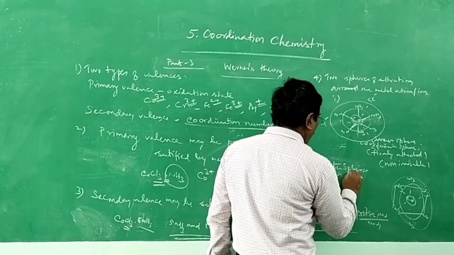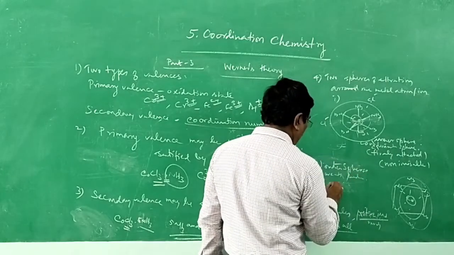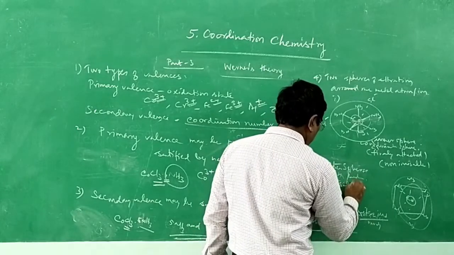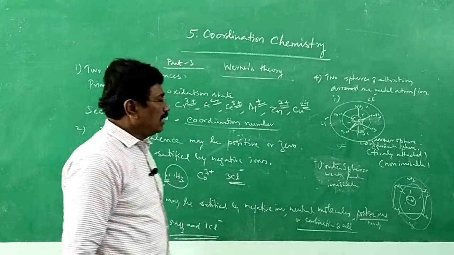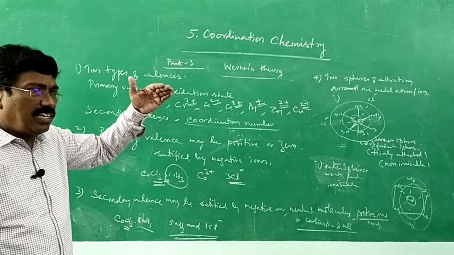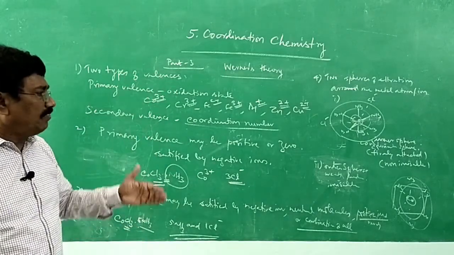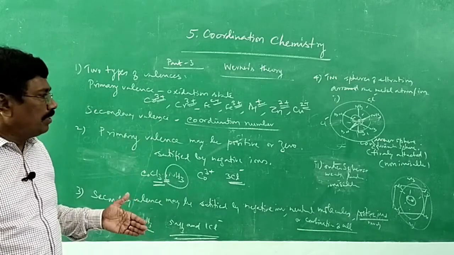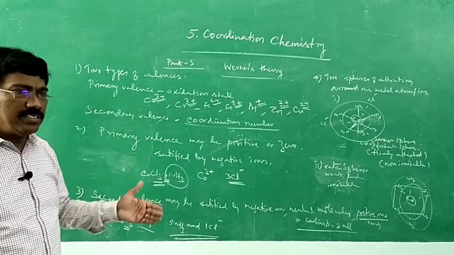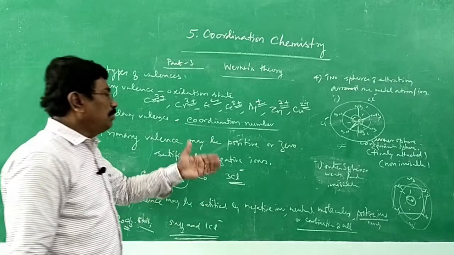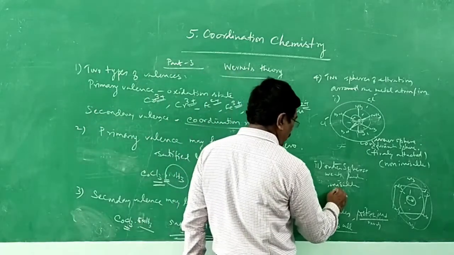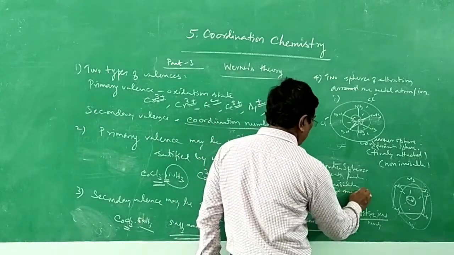Weakly bonded, ionizable. Alright? Those in the outer sphere are not tightly held. Loosely or weakly bonded, whatever it may be, they can be separated into ions in the presence of a suitable solvent.